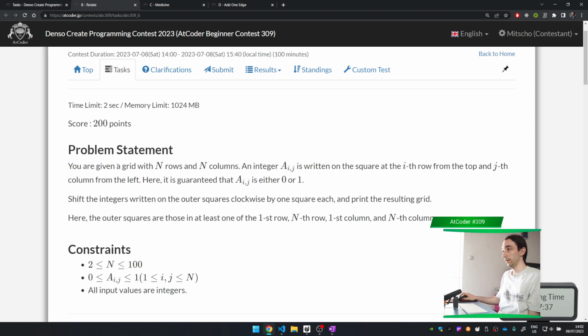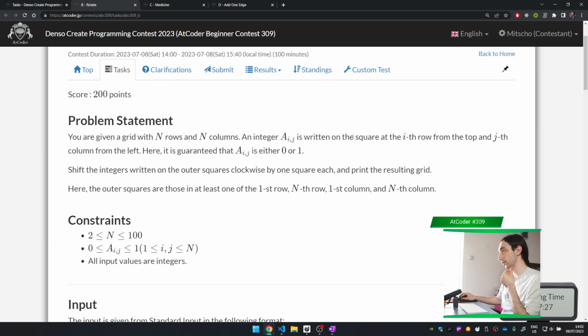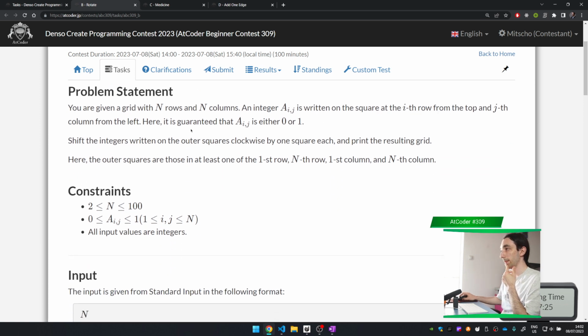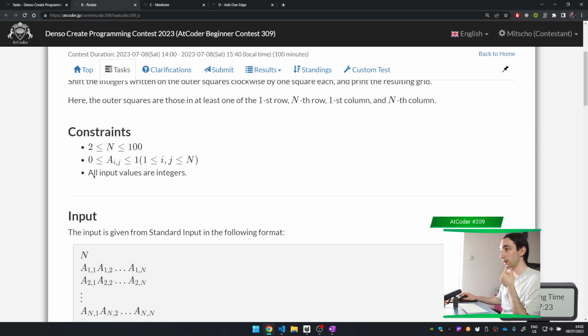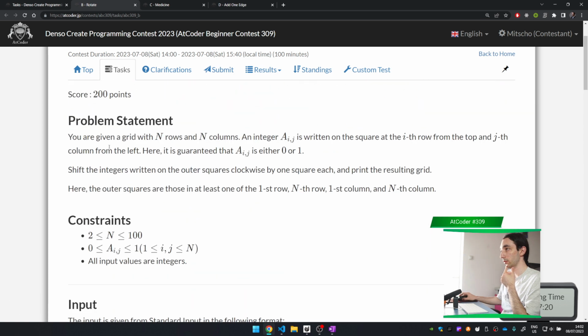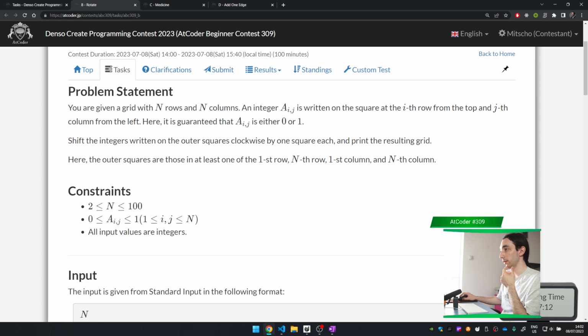You are given a grid with n rows and n columns. An integer a_ij is written there. It can be either 0 or 1, so there's a matrix of zeros and ones. Shift the integers written on the outer squares clockwise by 1 square each, and print the resulting grid.